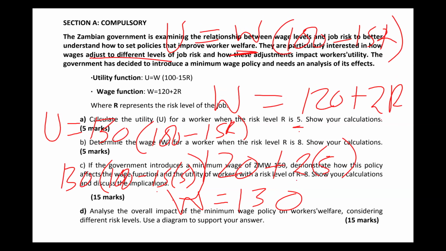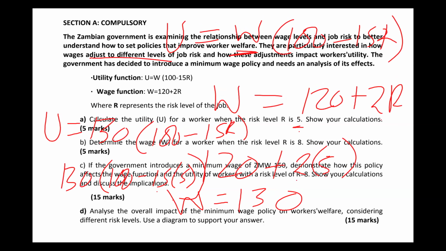Progress, we go to B. Can you determine the wage for a worker when the risk level R is 8? So what is the wage when the risk is 8? If we want the wage, you just have to compute in the wage function.